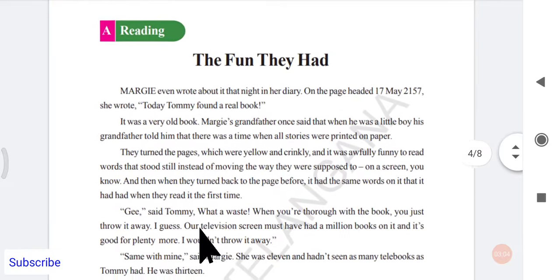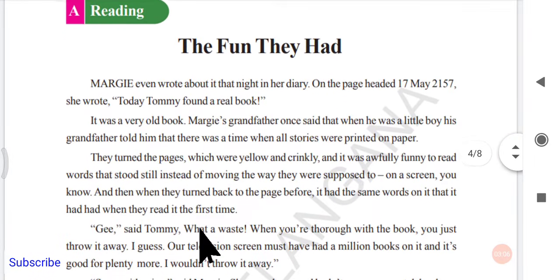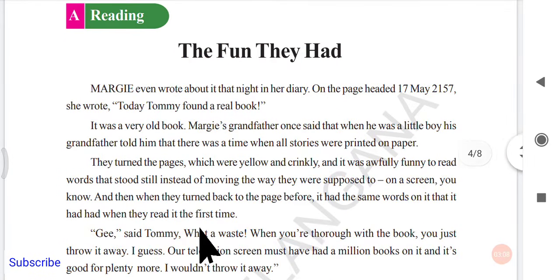Next, here we go. You can see Reading A, and the title here, The Fun They Had. Before getting into the text, I am telling you that this lesson we are going to read now is something different from all the other lessons that we have read till now. This is like imagining something beforehand.